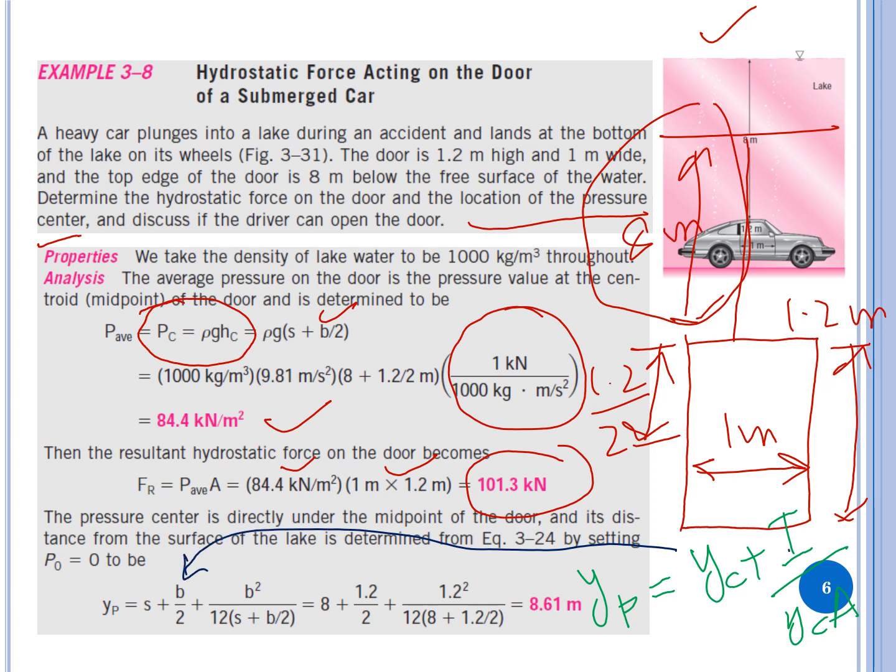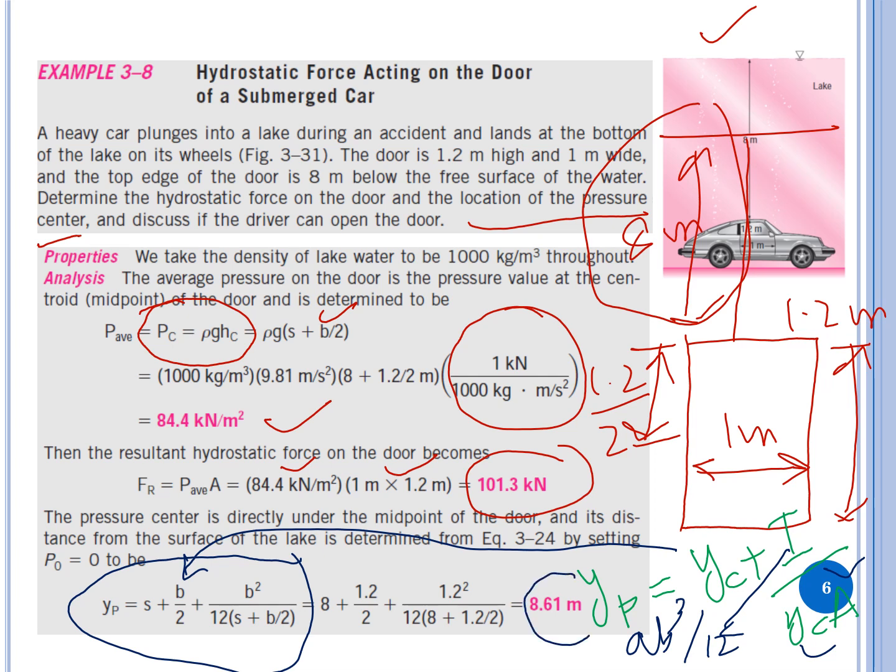I is basically AB cubed over 12. And you know Yc, you know area, A times B. You solve it and you get this expression. Substitute these values and you find the answer 8.61 meters.